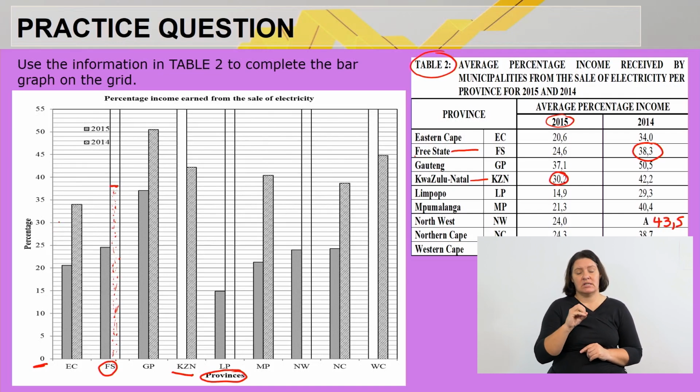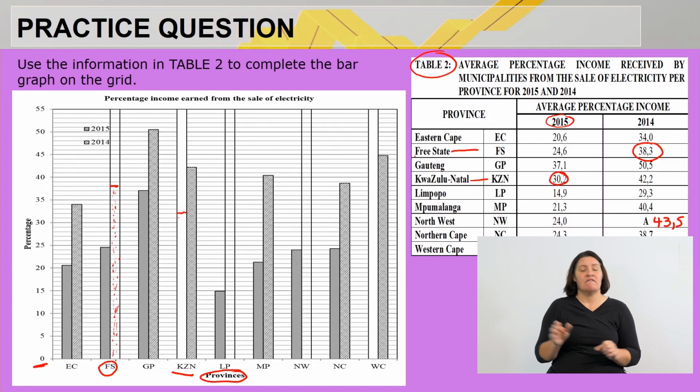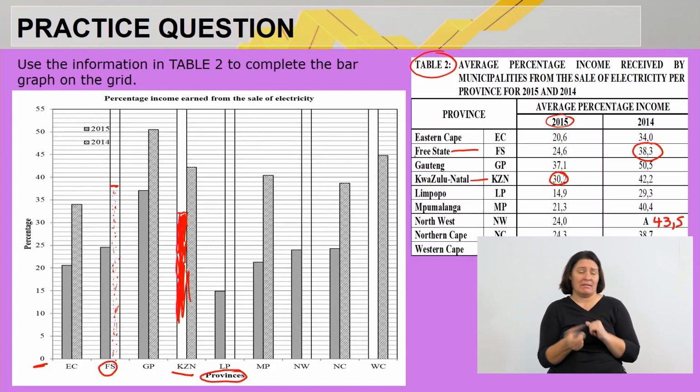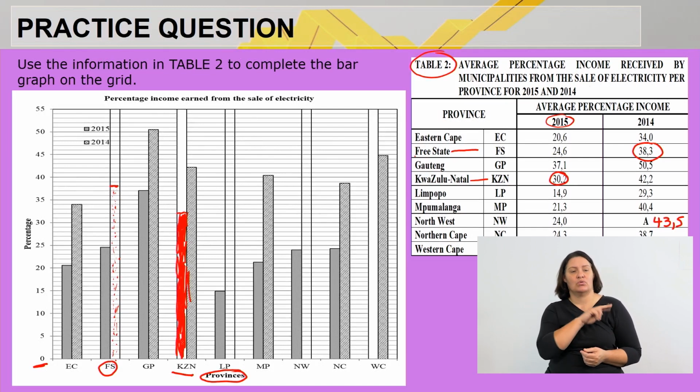There's 30, 30,1, 30,2. So meaning it's here. And remember now this time around, it must be completely colored. So I'm going to color that in as is indicated by our key. Guys, I'm sure you're going to do this much better than what I'm doing. Okay, so there we have for KZN the year 2015.